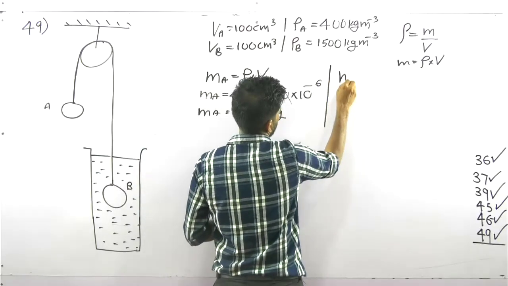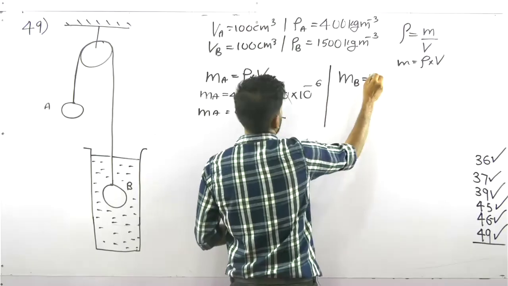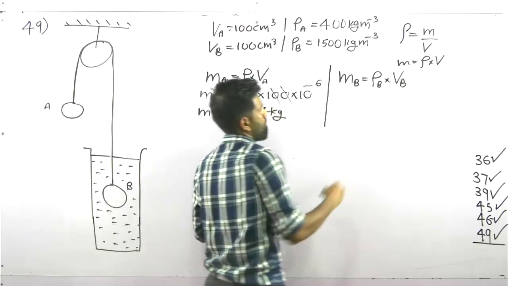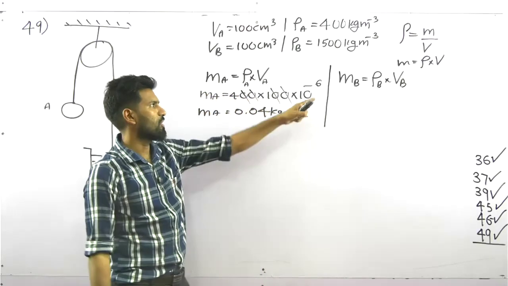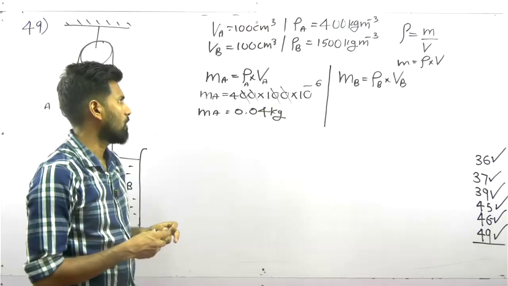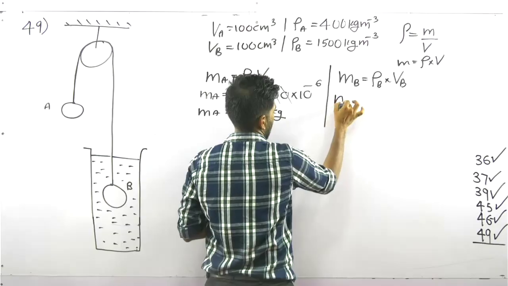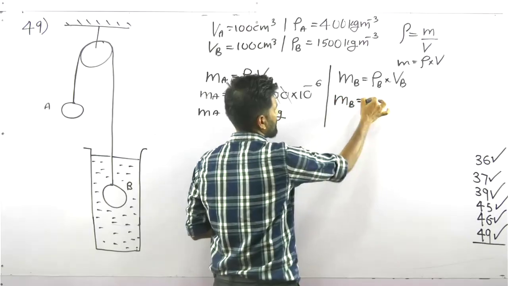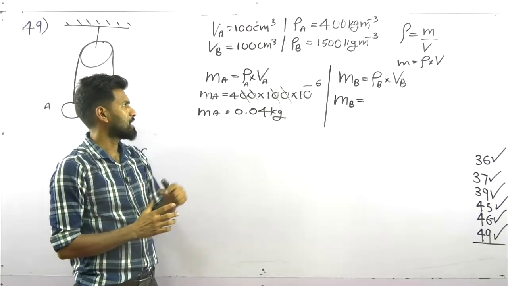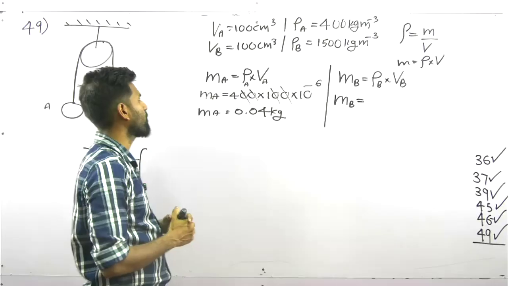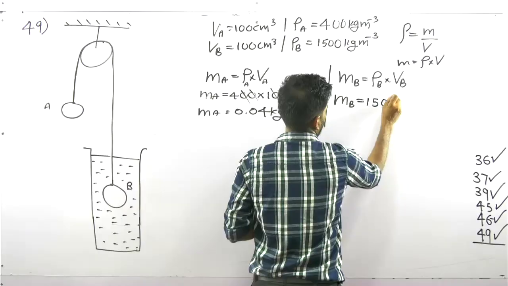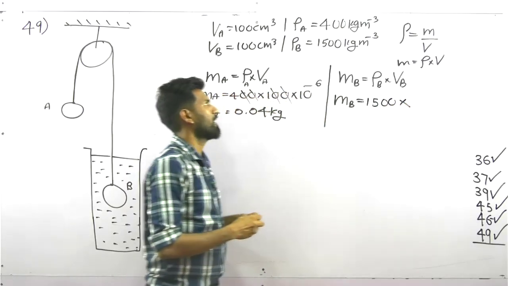Mass of B is the density of B multiplied by the volume of B. What is the density of B? 1500.